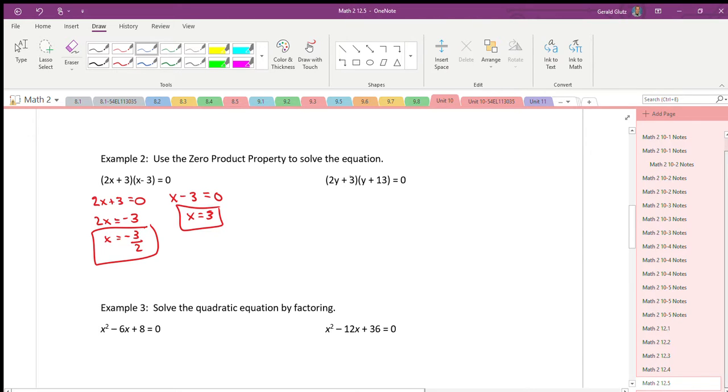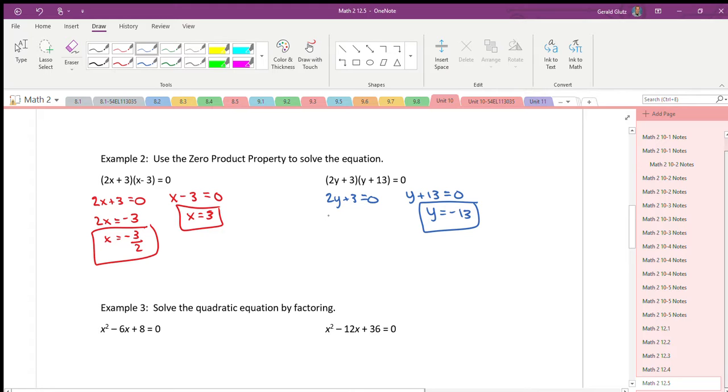Then I'm going to do the same thing here. Again, I just want one of these to be 0 to make this whole thing equal 0. So 2y plus 3. If that equals 0, then I'm good. Or if y plus 13 is equal to 0, then I'm good. This one's easy. Just subtract 13 on both sides and you get y equals negative 13.